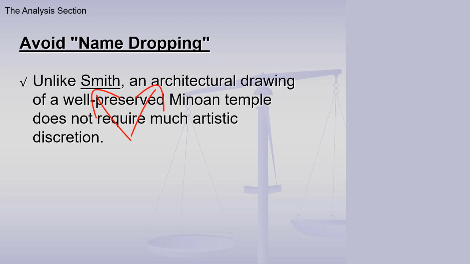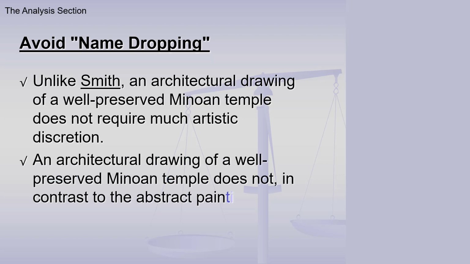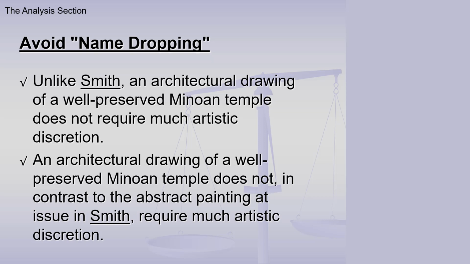Let's see how the writer could have done this better. "An architectural drawing of a well-preserved Minoan temple does not, in contrast to the abstract painting at issue in Smith, require much artistic discretion." So the writer has mentioned the case Smith, reminded me about Smith, which the writer had detailed for me in the R of IRAC, but has compared an architectural drawing to an abstract painting.